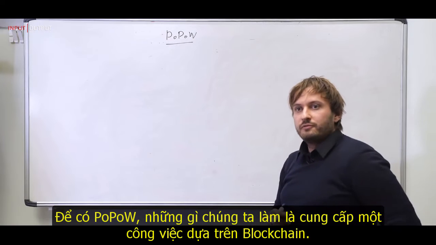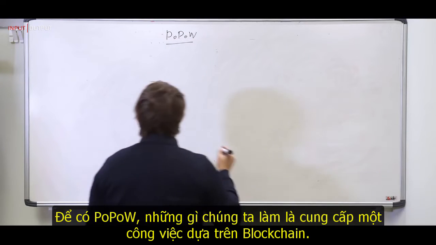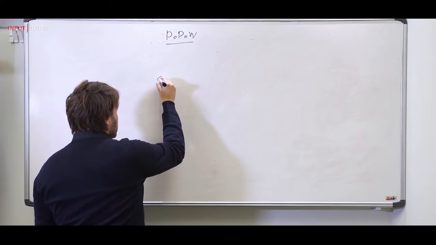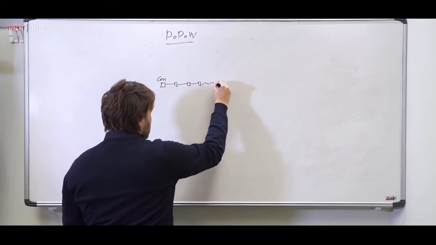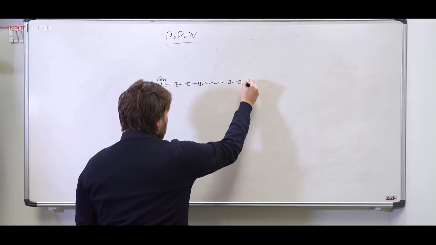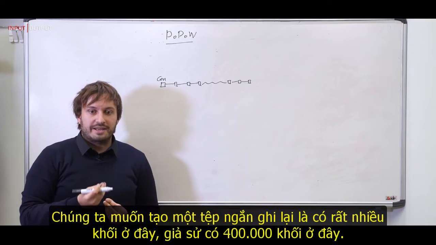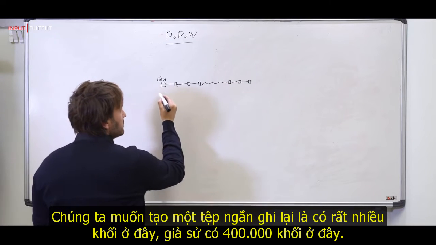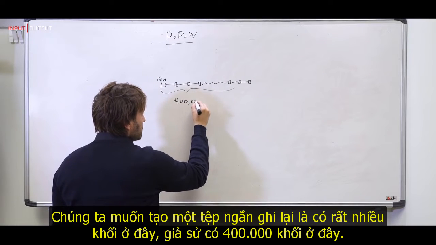So for proofs of proof of work, what we want to do is, given a work-based blockchain, we want to create a short file that captures the fact that there's so many blocks here. Let's say there's 400,000 blocks here.